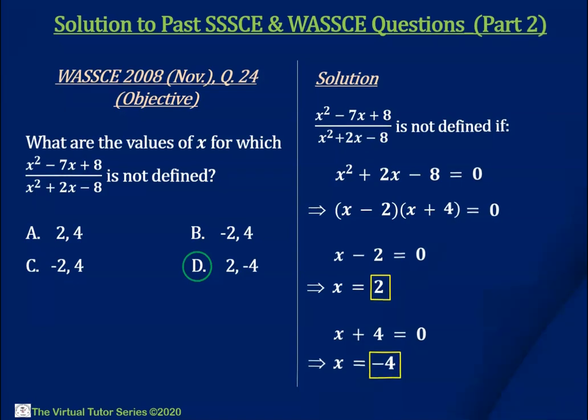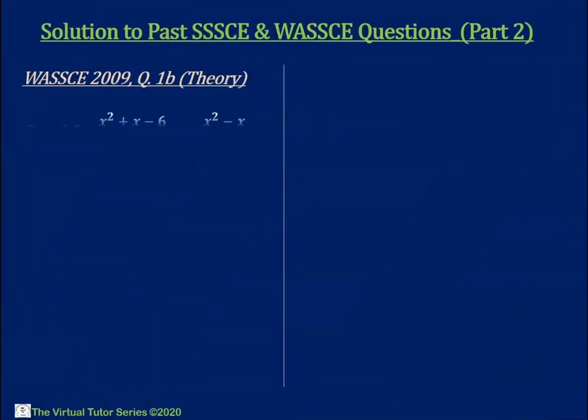Theory question 1b of WASSCE 2009. Simplify x squared plus x minus 6 all over x squared minus 3x plus 2 times x squared minus x all over x squared minus 9.